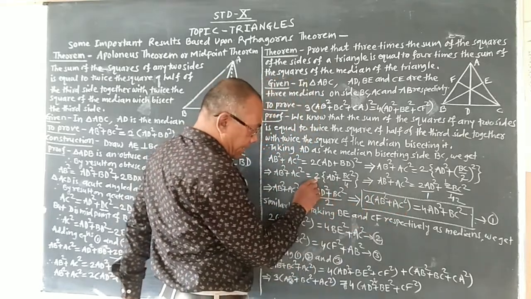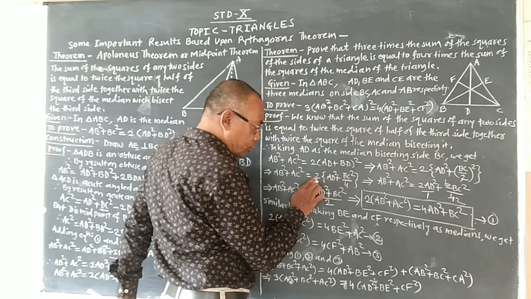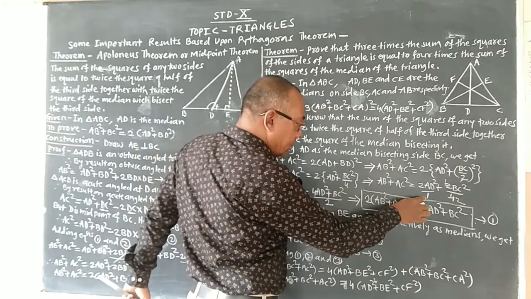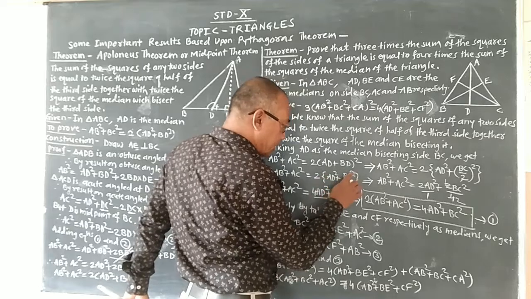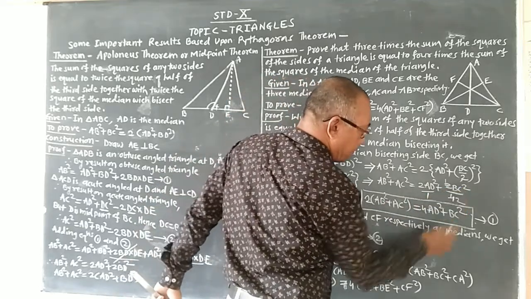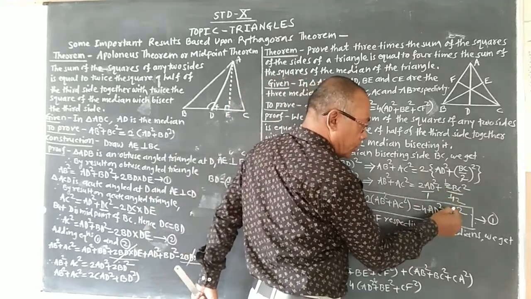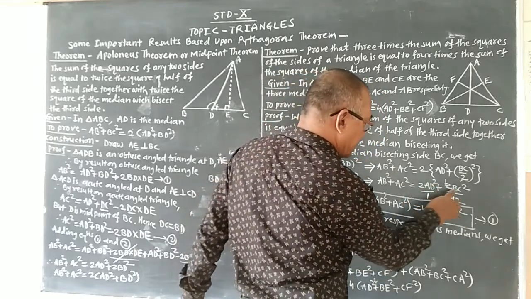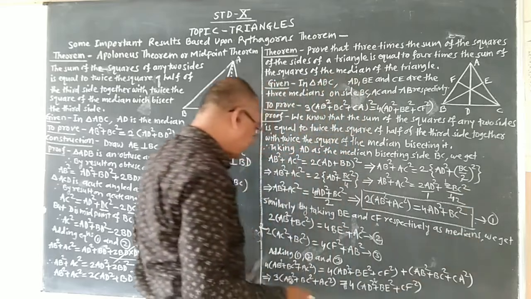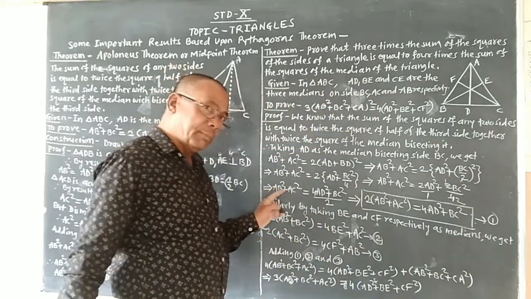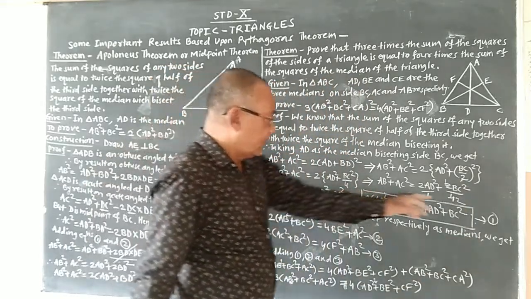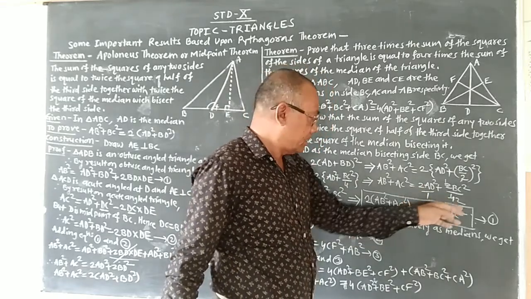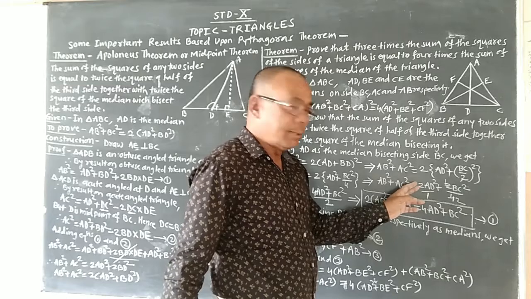Now multiply the bracket by 2, so we will get 2AD square upon 1 plus 2 into BC square upon 4. Here we can reduce: 2 ones are 2 and 2 twos are 4. So we will get 2AD square plus BC square upon 2. Now for the addition, the denominators are not the same, so we have to cross multiply.